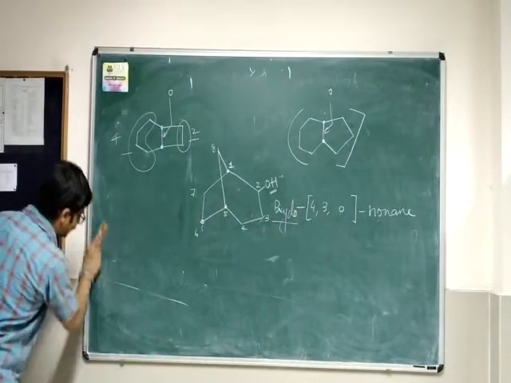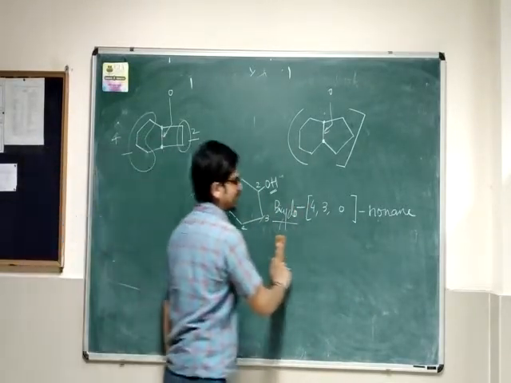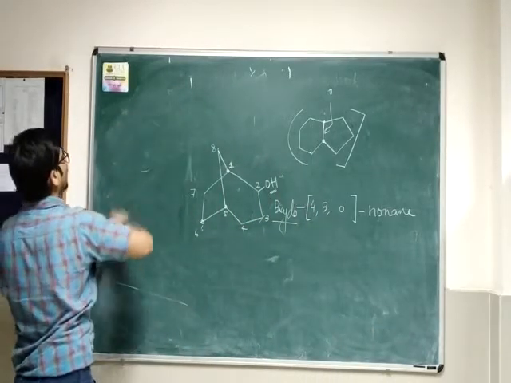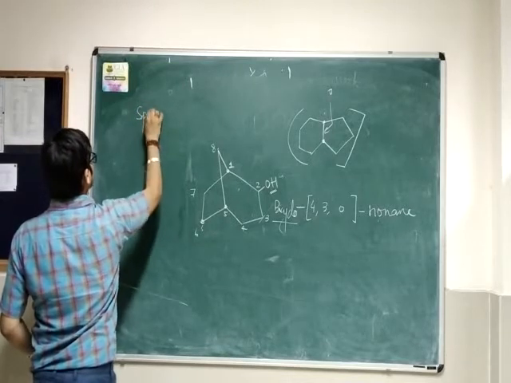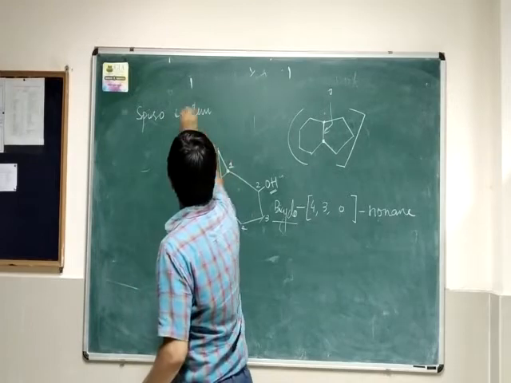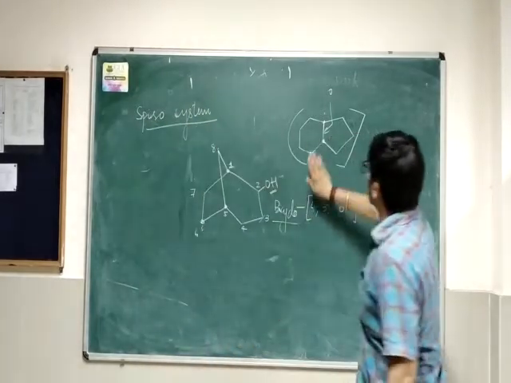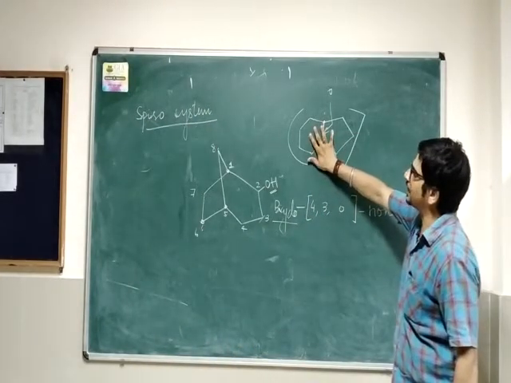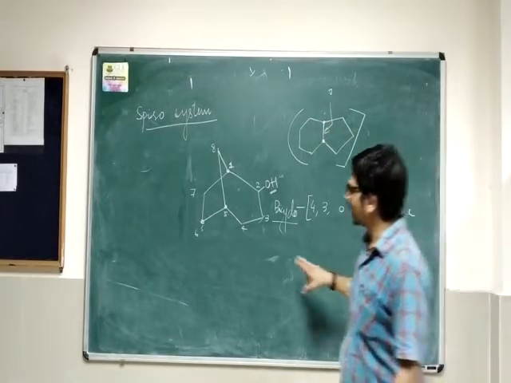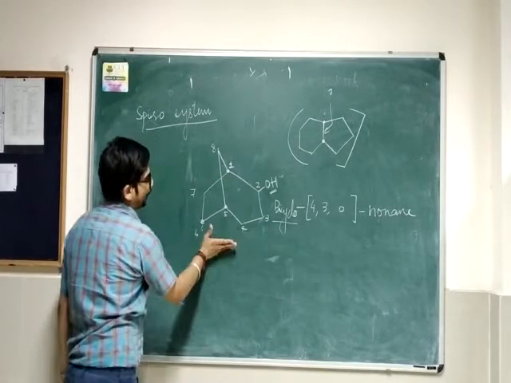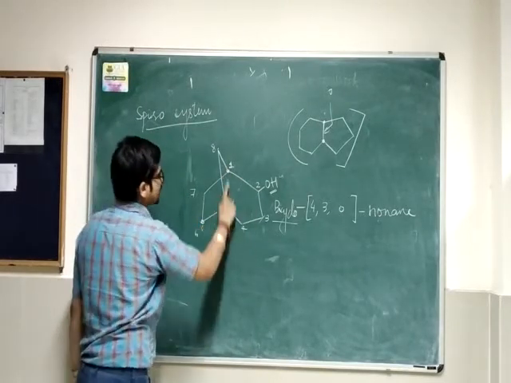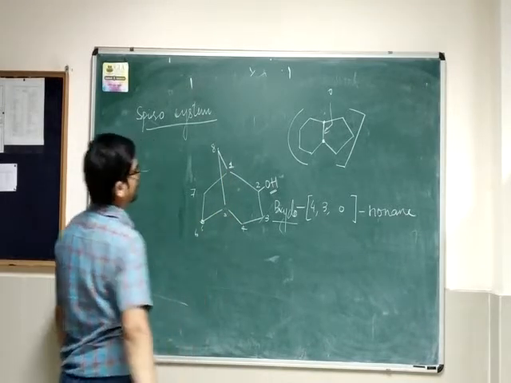Now let us take few examples of spiro system, spiro alkane, cycloalkane. Now what are spiro systems or spirans? If we see in the fused system, 2 rings are fused with 2 carbons. Here also, if we see the bicyclic bridge head system, the 2 rings are connected through 2 carbons.